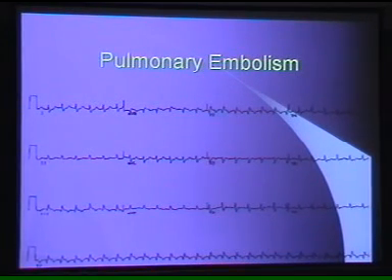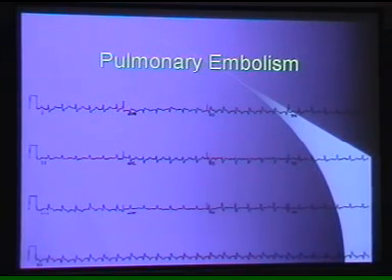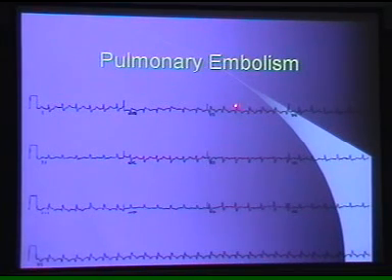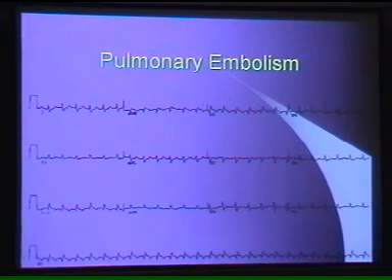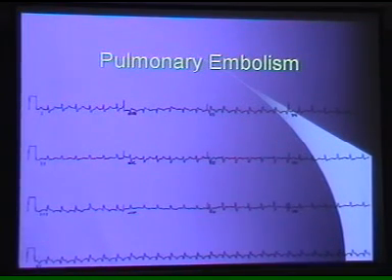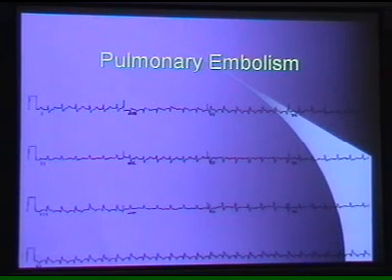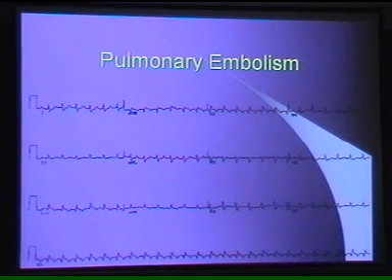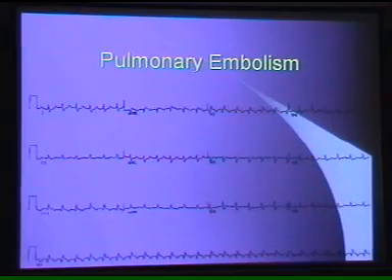Now this is called the S1, Q3 and T3 phenomenon, and this is associated with a tall R wave in V1. That is suggestive of an acute pulmonary embolism. If one has a previous ECG available and one finds that these changes have appeared recently, that is absolutely typical of a person with pulmonary embolism. But even without that, this would be highly suggestive. Next one.